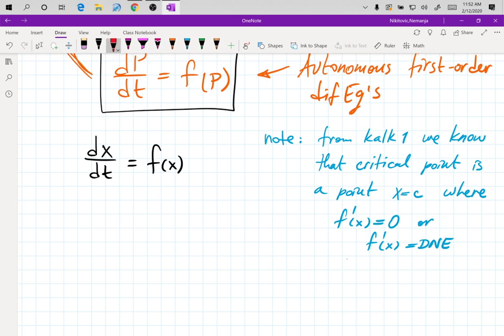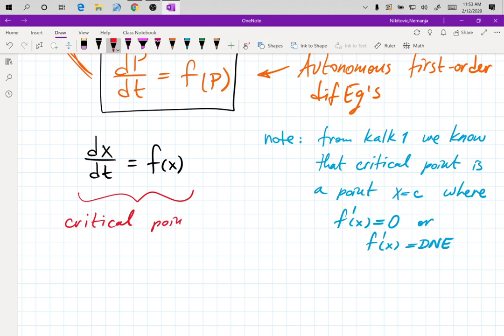So now, if I want to find a critical point of the differential equation, it should be clear that I am setting f of x to 0, right? Because that's actually the derivative equal to 0. So, critical point, I'm writing this in blood, which means it's insanely important.